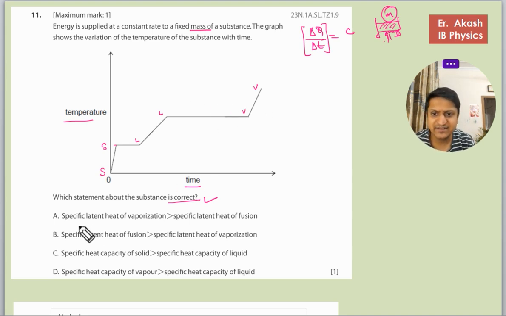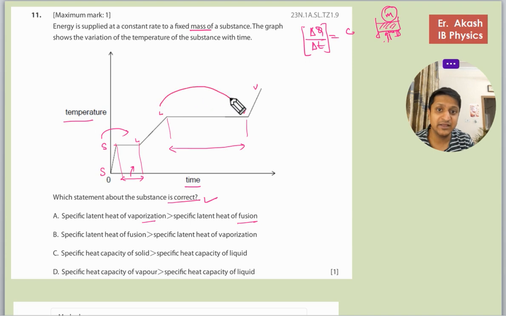So it says that the specific latent heat of vaporization is greater than the specific latent heat of fusion. So we can see that for this much time we have given heat to change the phase from solid to liquid, but for this much time we need to give heat to change from liquid to vapors.